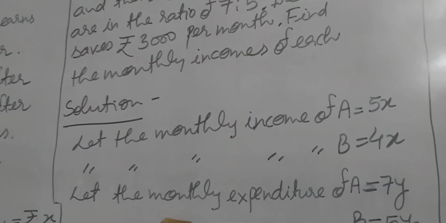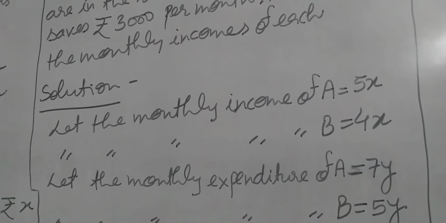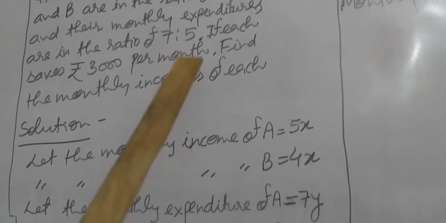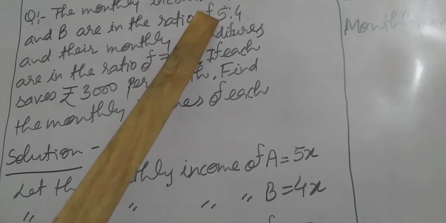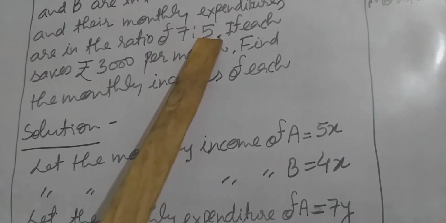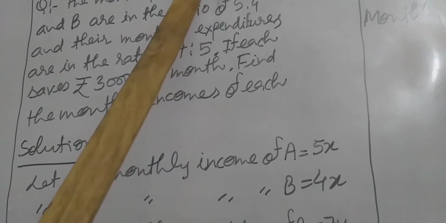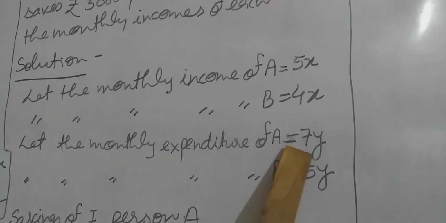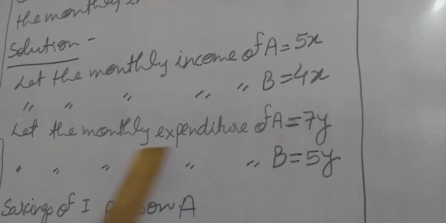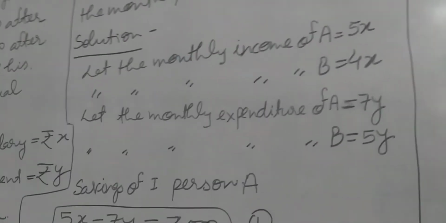So let the monthly expenditure of A equal 7y and of B equal 5y, because first A then B is given, so the first is for A and the second for B. Correct?